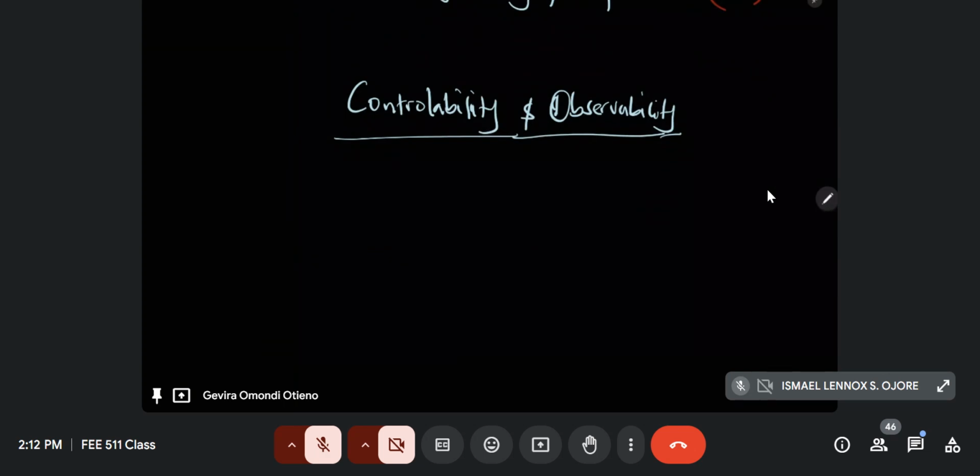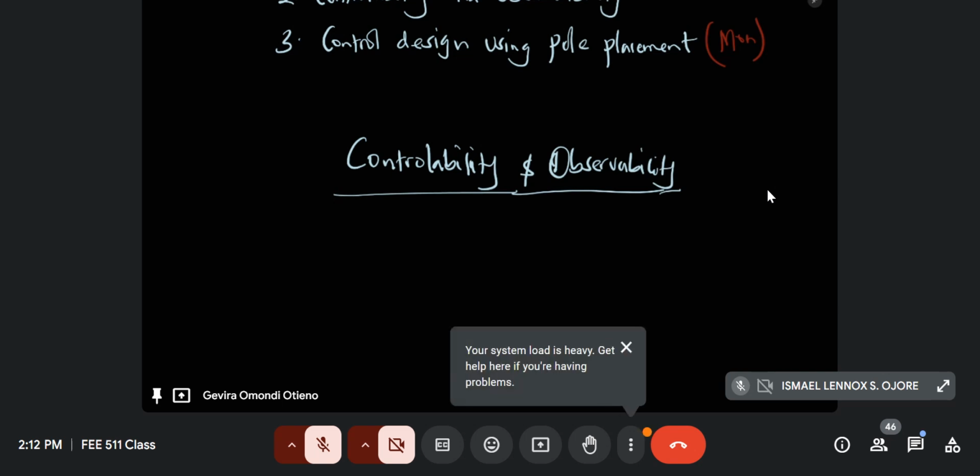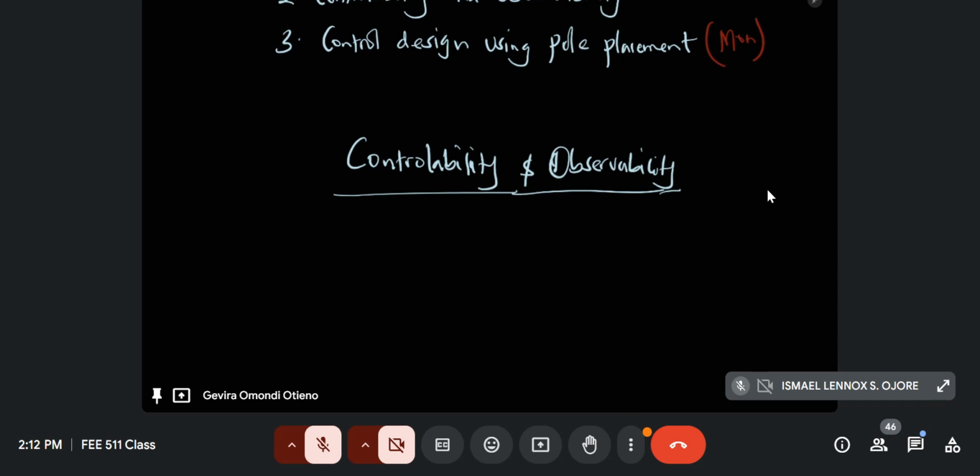Now, before we go into the control design in depth, where we actually need to see where we can place poles to affect the performance of a system, I want us to look at these two principles, the principle of controllability and that of observability. So when do you say that a system is controllable? And when can you say that a system is observable? And is there a relationship between controllability and observability? We'll look at that in the next 40 or so minutes.